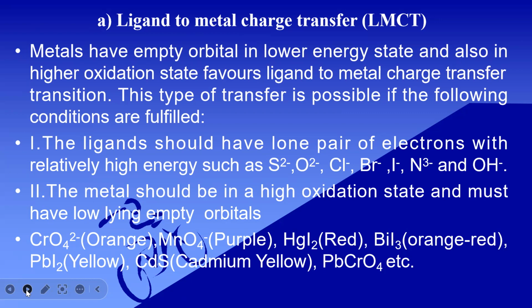MnO4-, in this case also manganese in d0 configuration, but very bright purple color. Likewise, HgI2, which is red in color, BiI3, orange red, PbI2, which is yellow in color, cadmium sulfide is yellow in color, lead chromate is also yellow in color. All are bright colors.